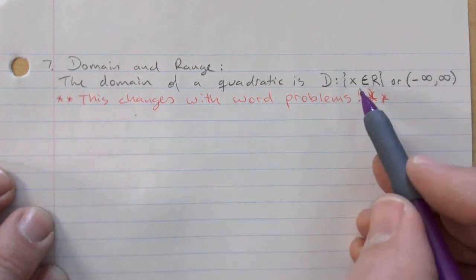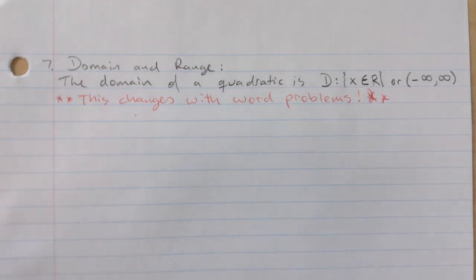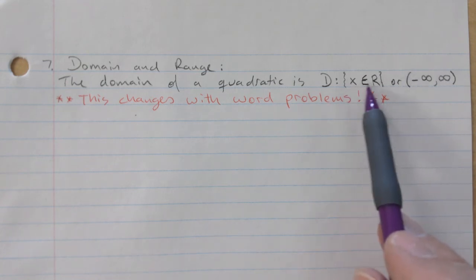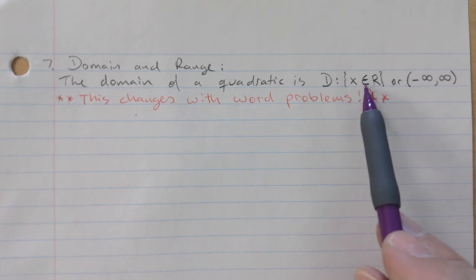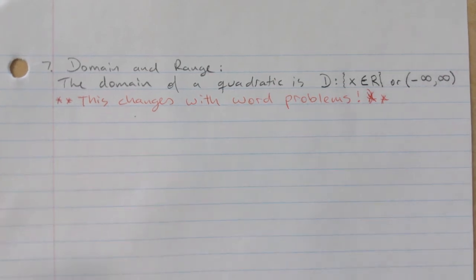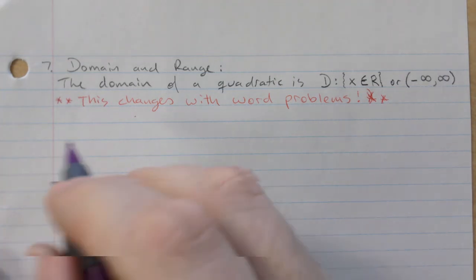So if it's just you're looking at a parabola, right? No word problem attached to it whatsoever. It's just x and y. Then your domain is either this or this, depending on what notation you want to use. And this is just x belongs to all real numbers. That's just saying that there's no limit, okay? Because it opens up to the sides indefinitely, right? So all x values are acceptable.